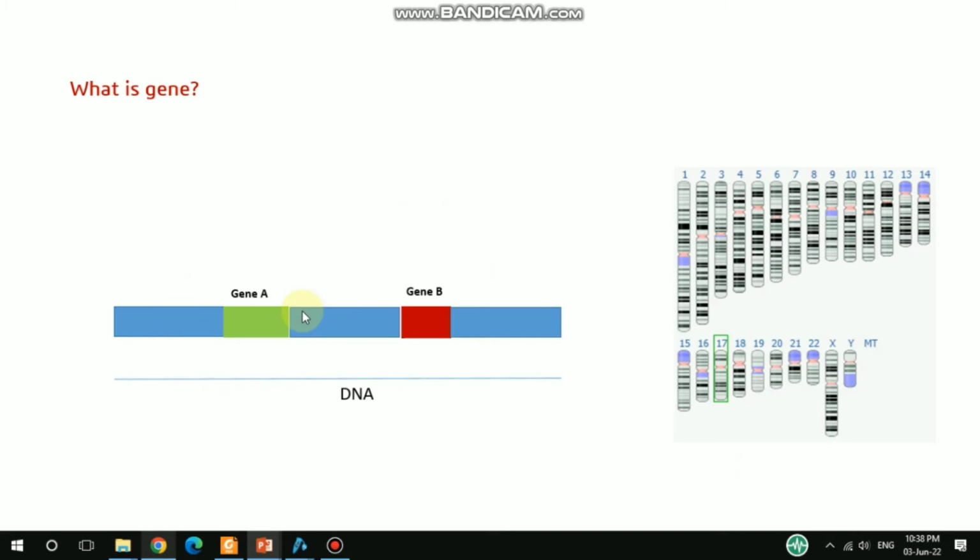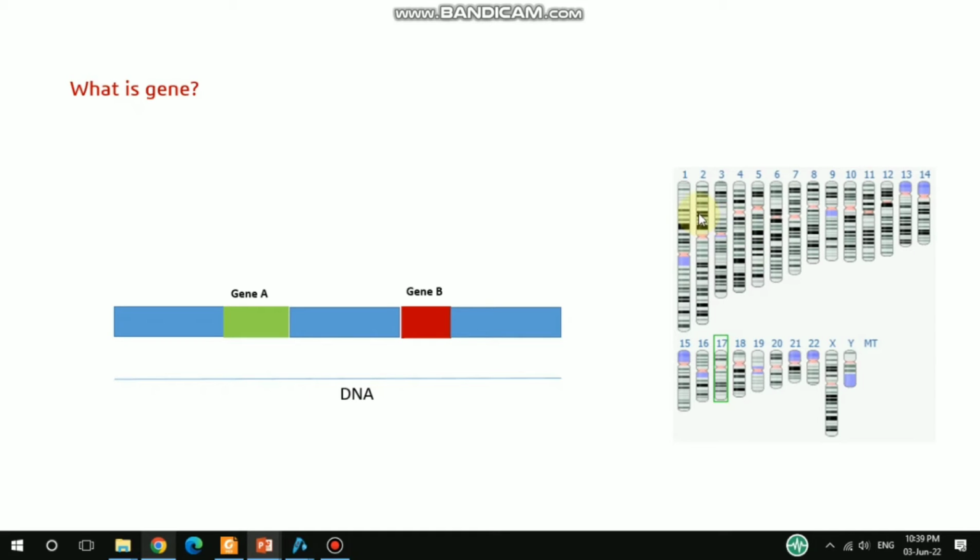A gene is a long fragment of DNA, and a particular segment is called a gene. This long fragment of DNA contains some specific fragments, and these are known as genes, a specific sequence of the DNA that codes for a particular protein.